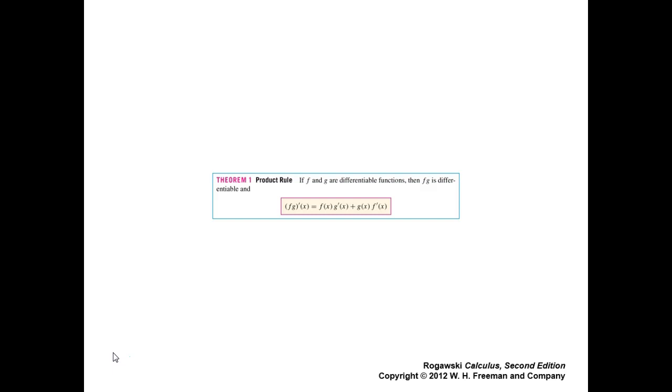Derivative of the difference is the difference of the derivatives. So, what might you think the derivative of a product might be? Not. Okay? That's where we run into problems. That's why it has its own section.